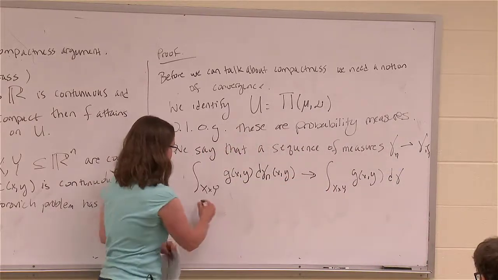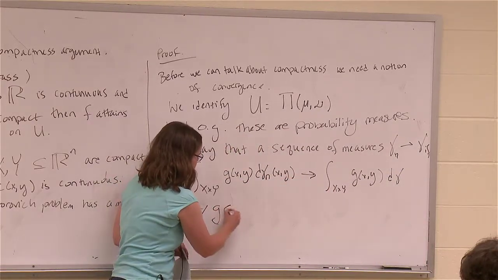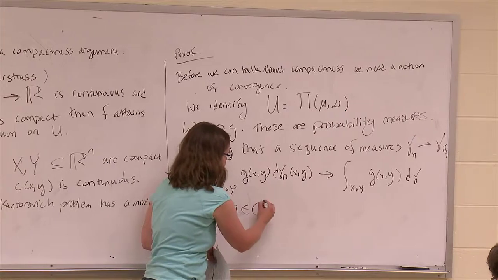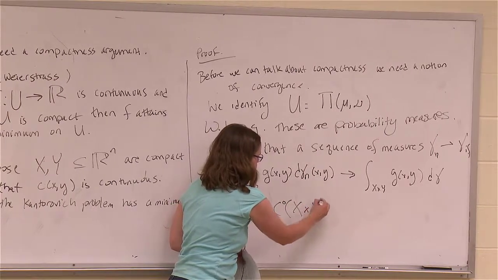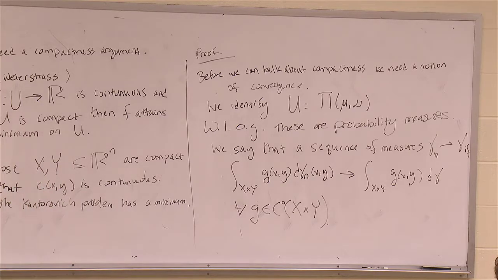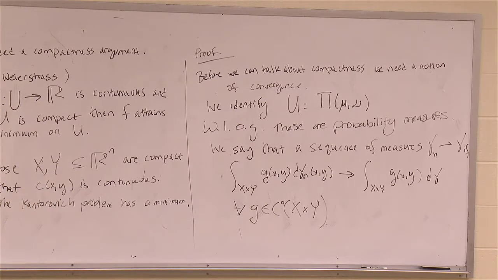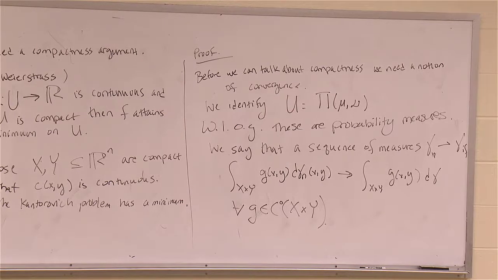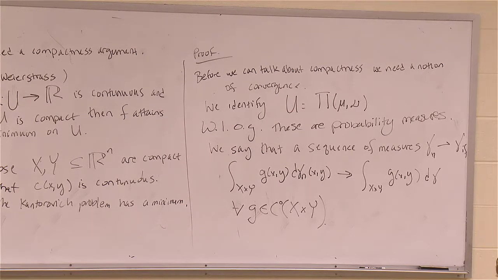So this should be for every g that is continuous. Is this a reasonable way of talking about convergence here?